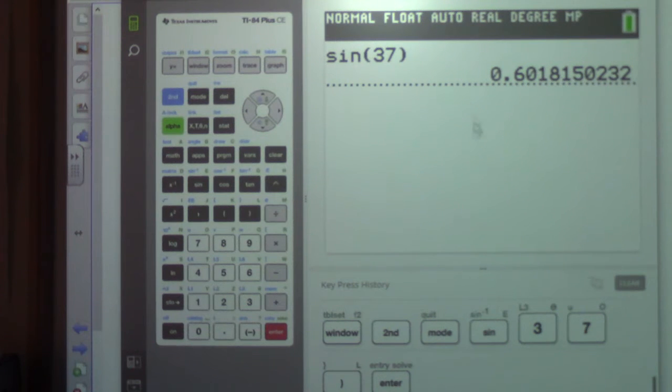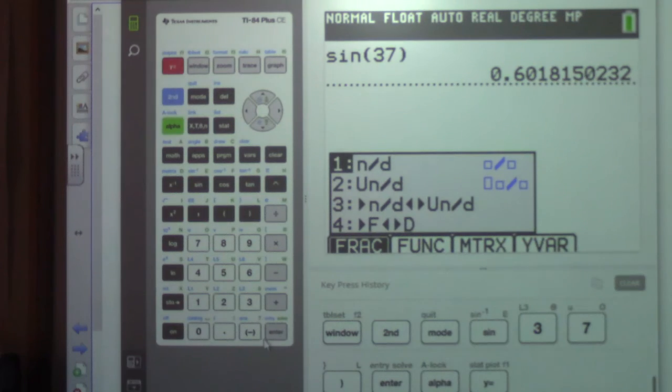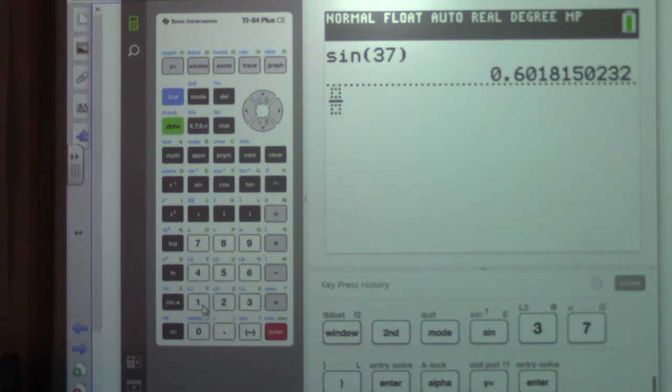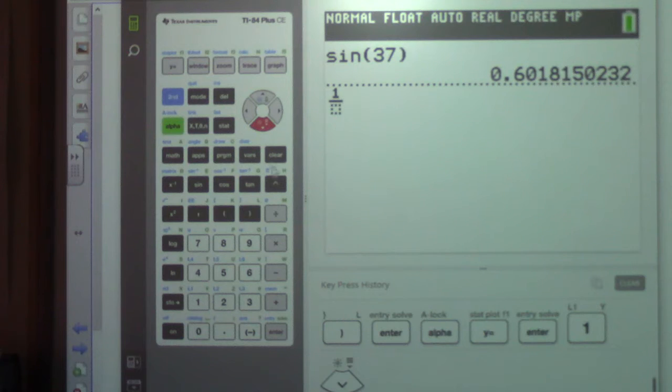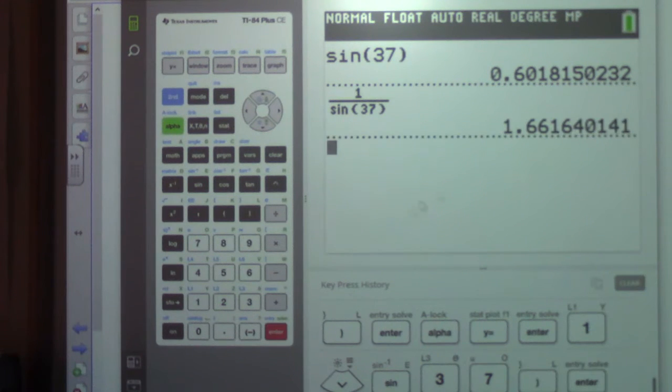How do you get cosecant out of that? Anybody have an idea? I'll show you. To get cosecant, you'll put 1 over what? Sine 37. So this thing right here is the cosecant of that.